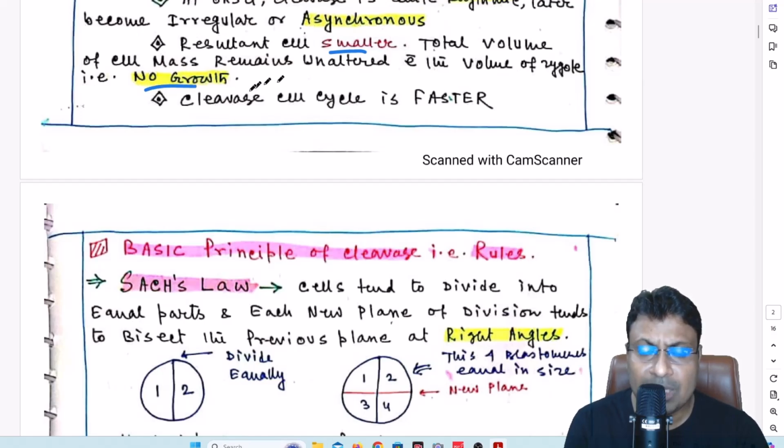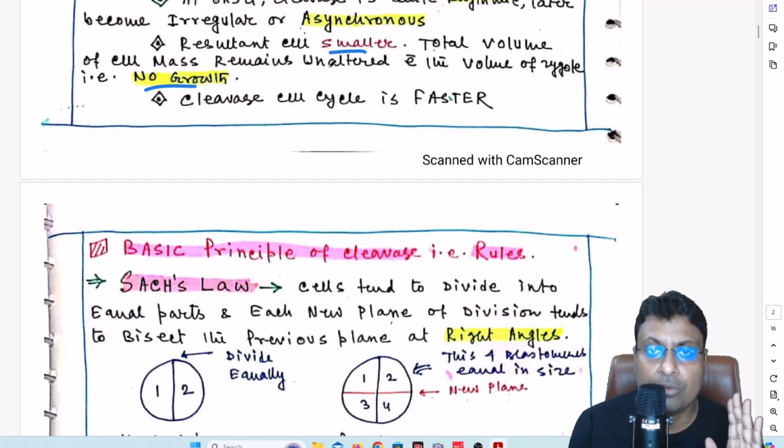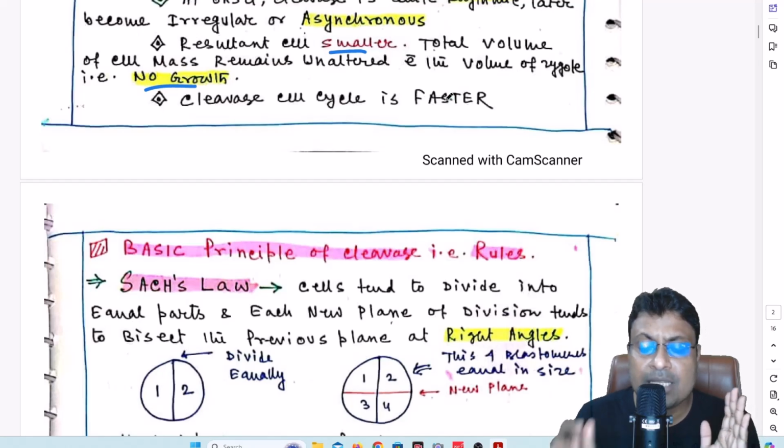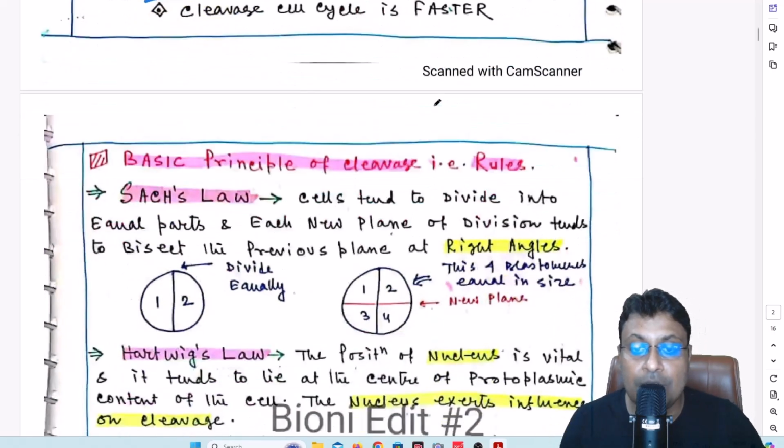The volume of the multicellular structure remains the same as the zygote, because during cleavage no G1 and G2 phase can be seen, so no growth occurs. And the cleavage cell cycle is very fast. Since the G1 and G2 phases are skipped, the cell cycle is very fast during the process of cleavage.